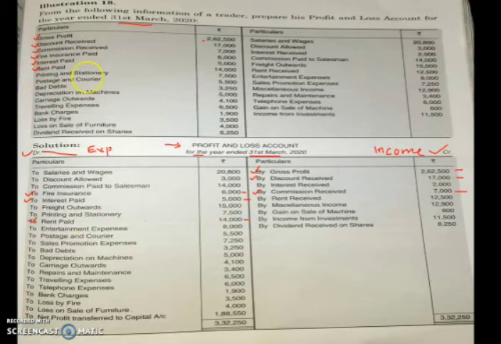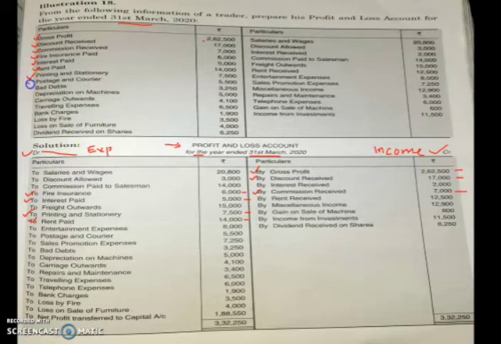Next item is printing and stationery. See, printing and stationery means for office purposes. If we need any sheet, paper, pencil, all those items will be listed under printing and stationery. So that is all our expenses, and that will be shown on the expenses side as printing and stationery. So write down the amount 7,500 in your amount column.